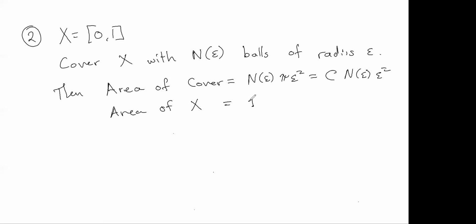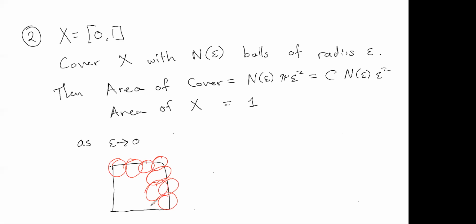Okay, that's just going to be 1, the area of the square. But as epsilon goes to 0, what happens? When we cover the square with balls, the area of the balls is going to be larger than the area of the square because we're going to be covering a little more than just the square.